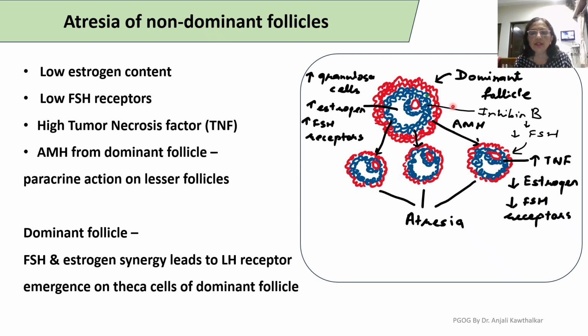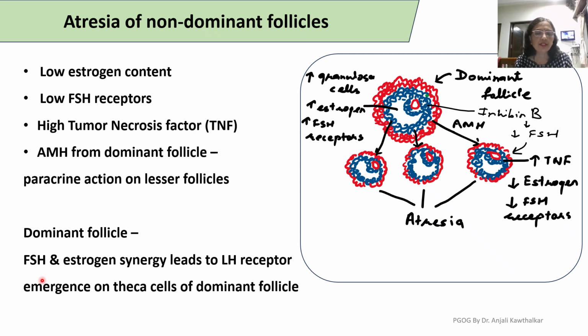Even inhibin B is now secreted by the dominant follicle, which acts on the pituitary. It has a negative feedback. It further leads to reduction in FSH, and this negative feedback of estrogen and inhibin B both lead to a profound fall in FSH. With the fall in FSH, the non-dominant follicles all go for atresia.